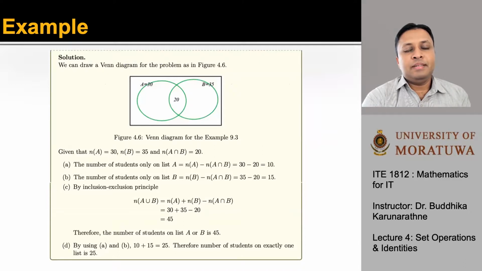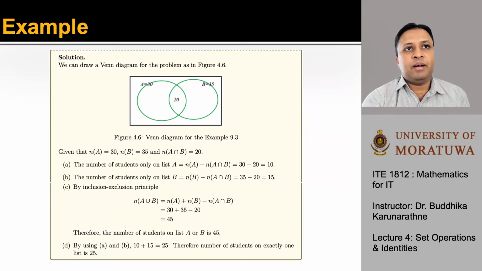We can represent this very simply in a Venn diagram. In the solution, you can have a Venn diagram as given in Figure 4.6. The number of elements in A is 30, the number of elements in B is 35, and the intersection is also given, which is the number of students common to A and B, which is 20.